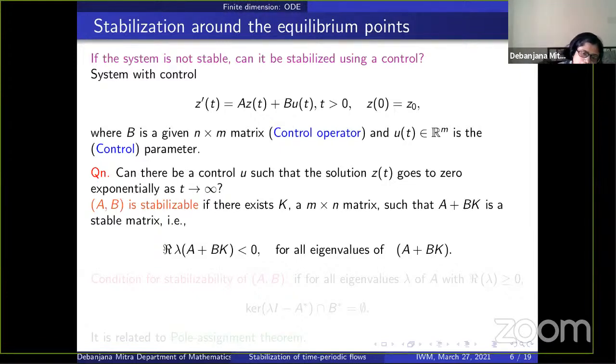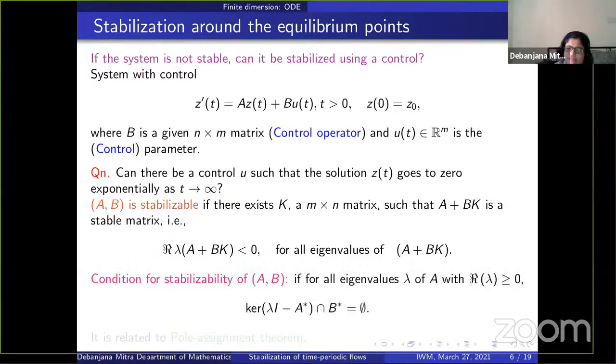Okay, and how do we check this stabilizability property? Again, in the finite dimensional case, that means for the ODE, it is well known that it is related to one condition called the Kalman rank condition or Hautus type condition, which is precisely given here.